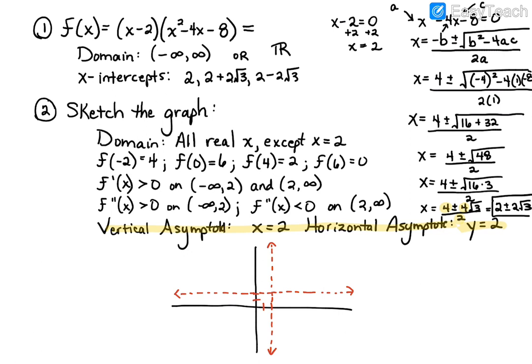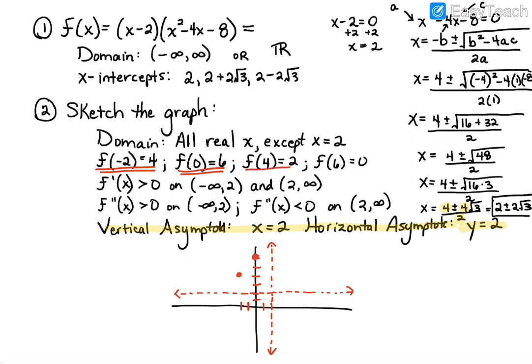Now, notice they gave me some specific points on the graph. You just have to recognize that when they say f of negative 2 is 4, that means your x value is negative 2, your y value is 4. So there is one point on my graph. When they tell me f of 0 is 6, that means when x is 0, my y value is all the way up here at 6.